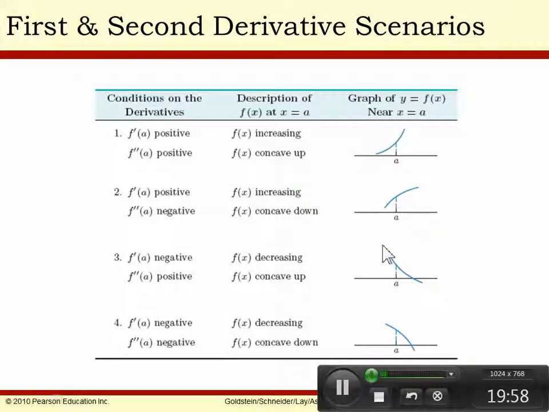This one, the function is decreasing, so the first derivative is negative, but it's bowl-shaped up, so your second derivative is positive. You can also see, if you think about this as distance over time, you're accelerating. Over here, your derivative is negative, means you're going backwards.